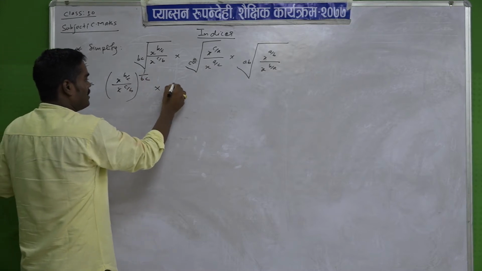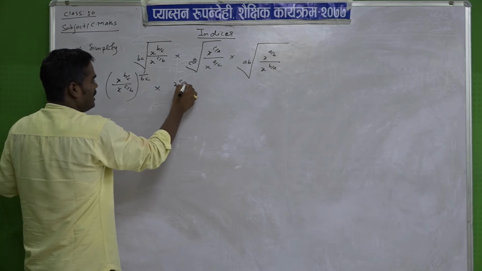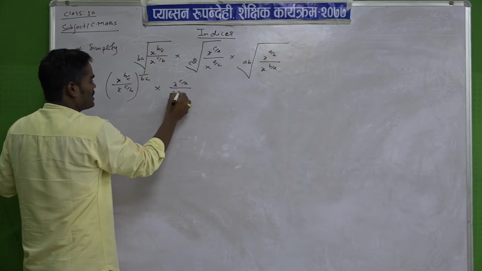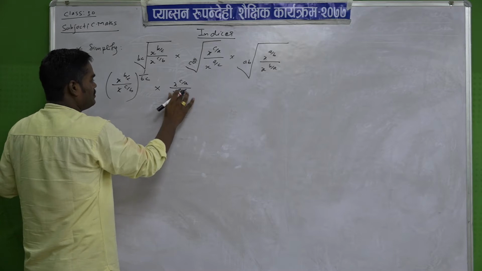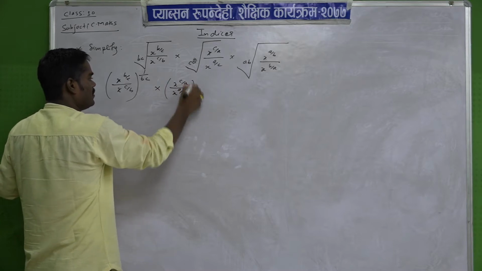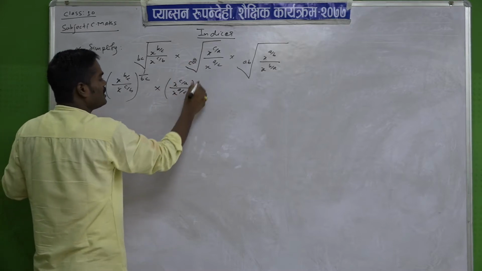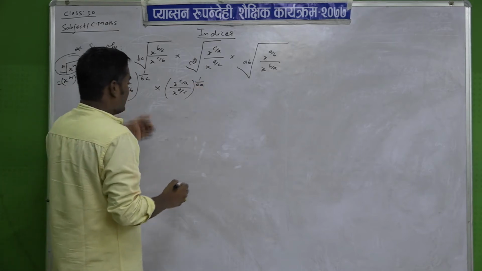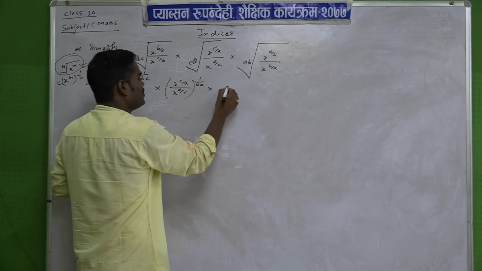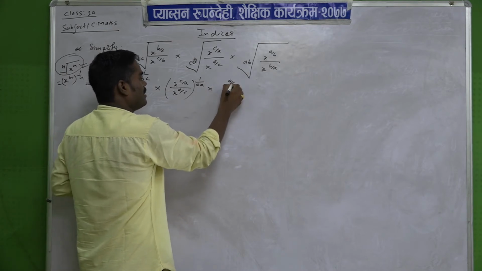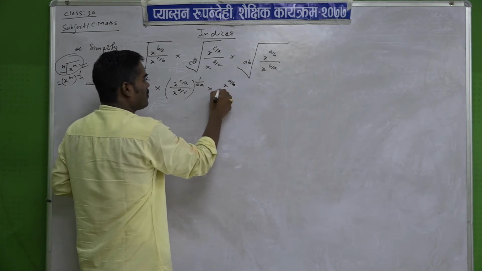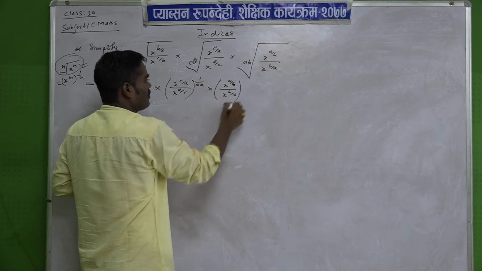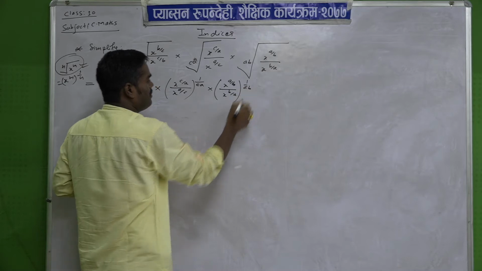Likewise, the same for x power c by a upon x power a by c whole power, what is here, ca, so it became 1 by ca whole power. And then likewise you have to do x power a by b upon x power b by a whole power 1 by ab.